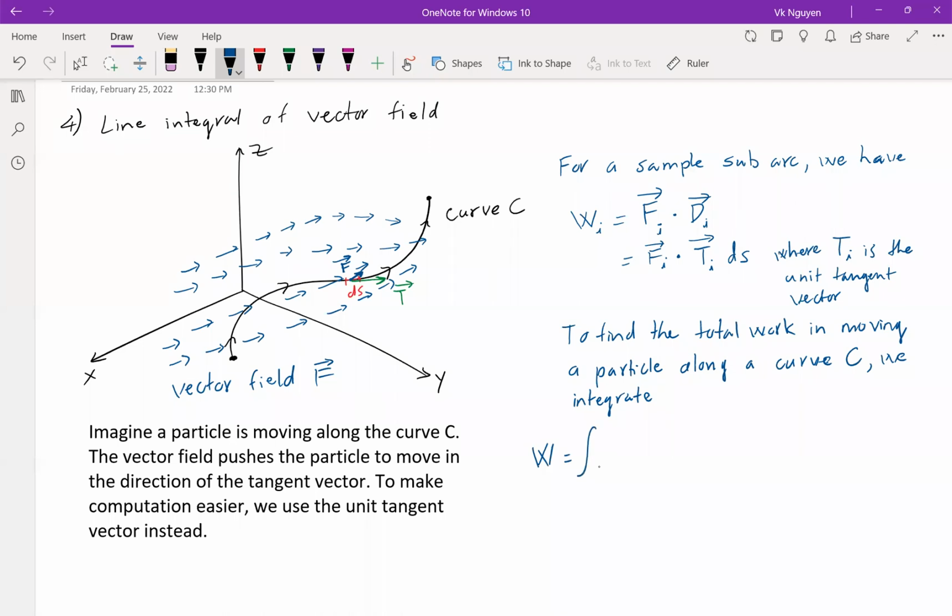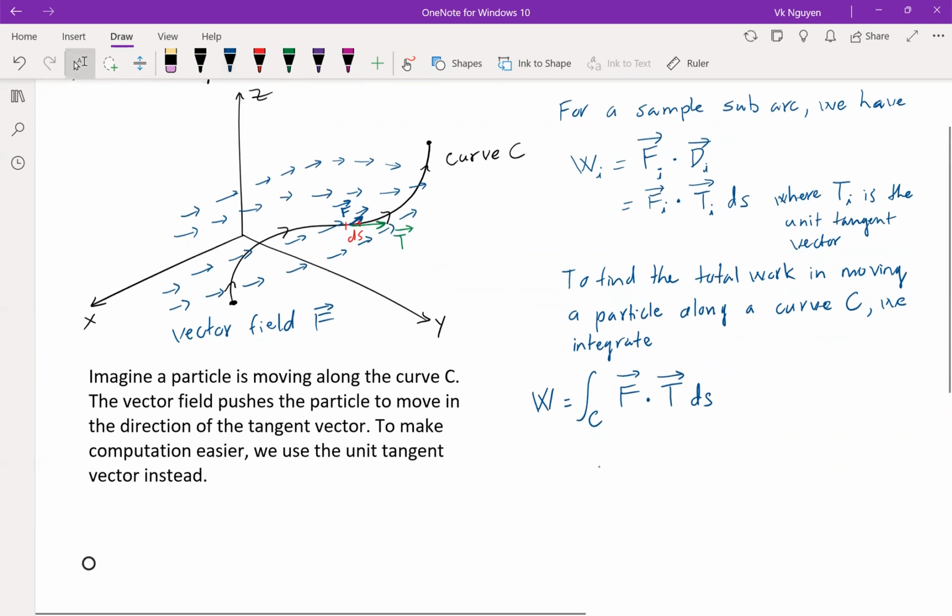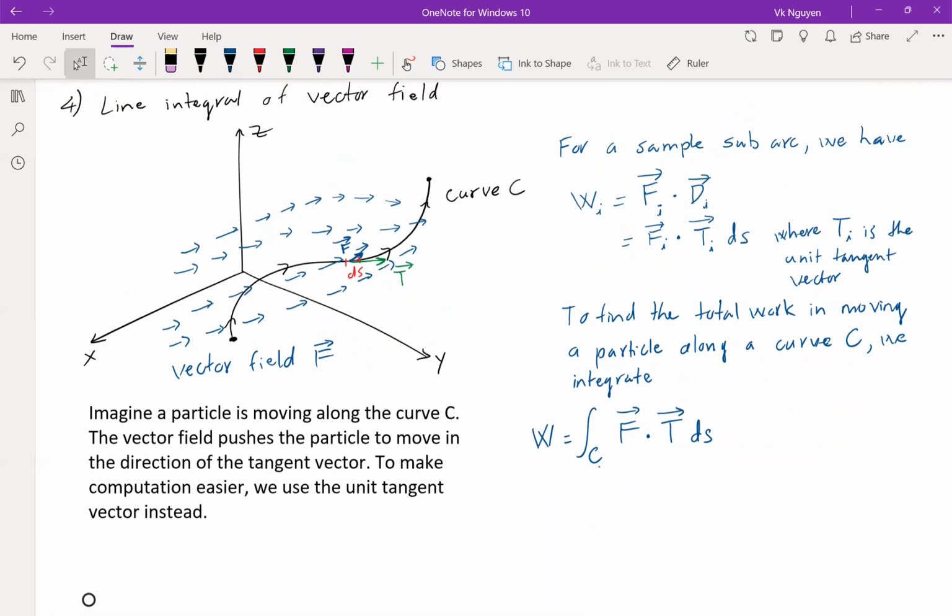What is the integral, right? Sum them up along the curve C. F dot D, where D is T ds. It is exactly the line integral of a vector field.